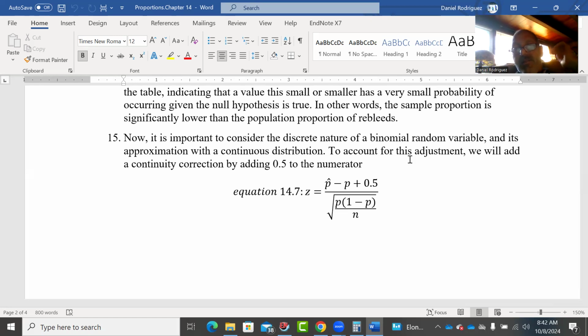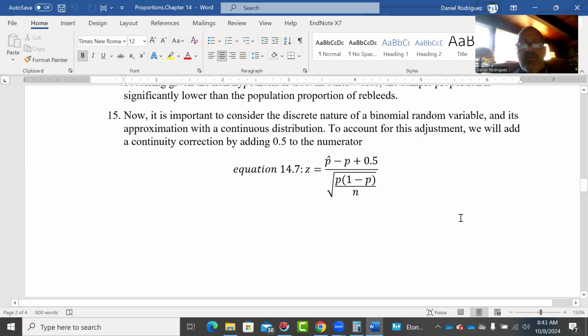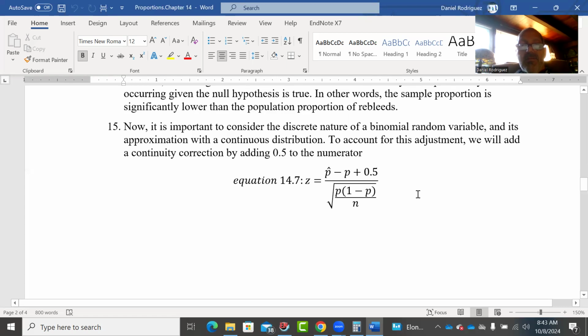Continuous, a distribution that's more applicable to continuous variables, the normal distribution. And again, we're making this conversion from something that's discrete to something that's continuous, right? So we want to do an adjustment for going from a discrete to continuous distribution.